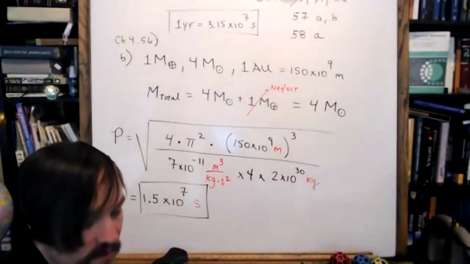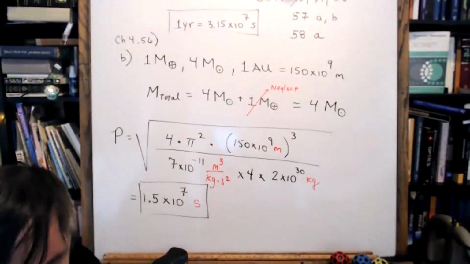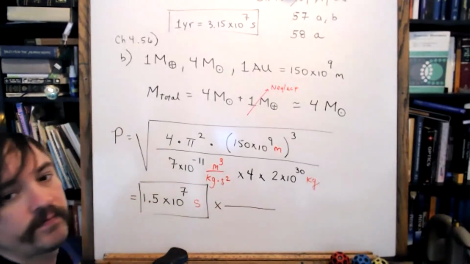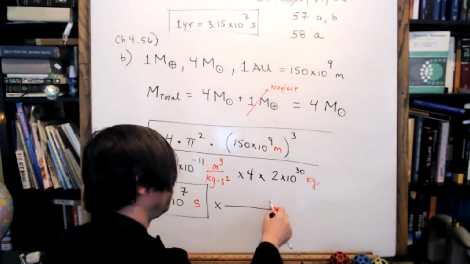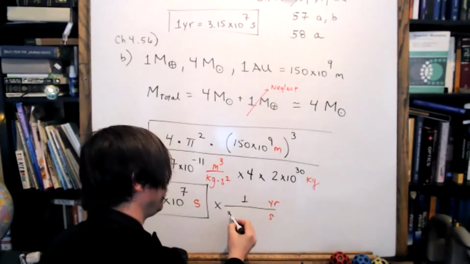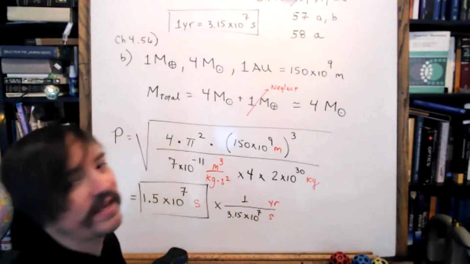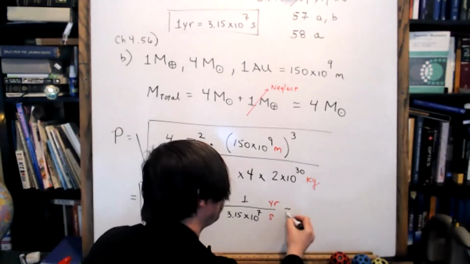All right, so then it would be multiply by a division bar from what we got, then 1 year on top, and 3.15 times 10 to the 7th seconds on the bottom. I'm going to let it slide this time, but okay, fine. I like units first and numbers second, but okay. I knew all of them, I figured I'd just do it.